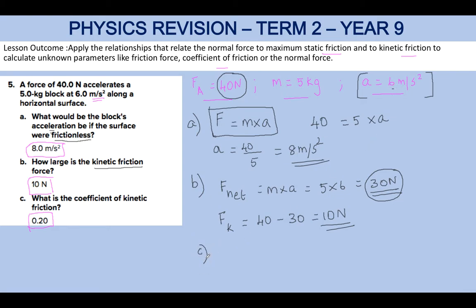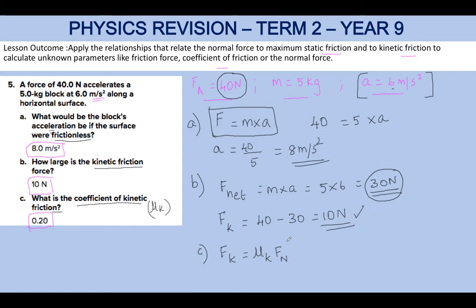Now part C is to use the coefficient of kinetic friction. Which symbol is that? Mu k. So they ask you to find mu k. You know the formula, Fk equals mu k times normal force. Is the normal force given in the question? No. Fk we have just found out.